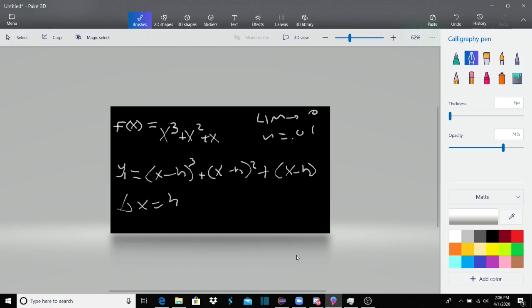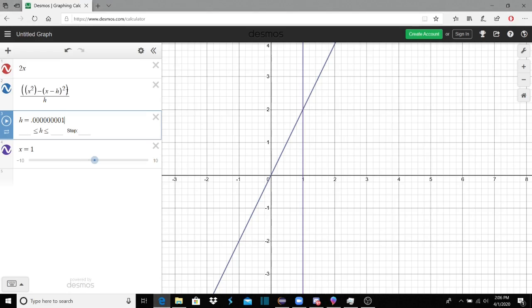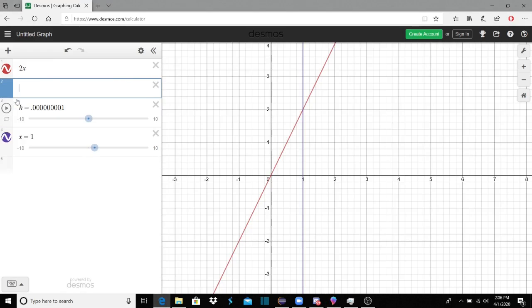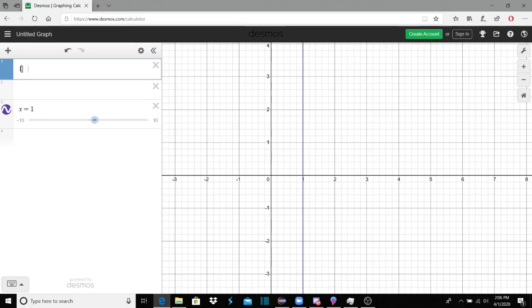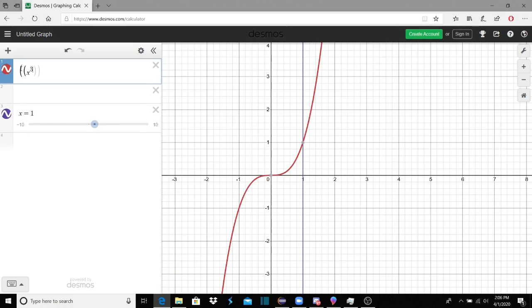All right, so let's go and do it. This should actually be very easy to plug in your calculator. So let's go ahead and do it. I got rid of h, of course. So let's go ahead and get our x. Yeah, we're going to need some parentheses. x to the third plus x to the second plus x to the first, of course.